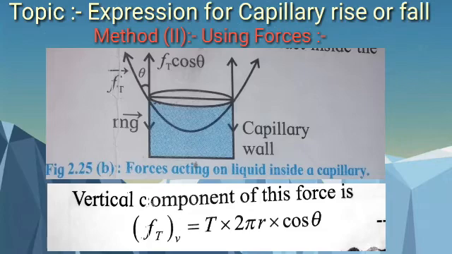Then the total vertical upward force acting on the liquid column inside the capillary is T cos theta into the circumference of the meniscus. That is F_T vertical is equal to T into 2 pi r cos theta. This total upward force balances the weight of the liquid column in the capillary tube.